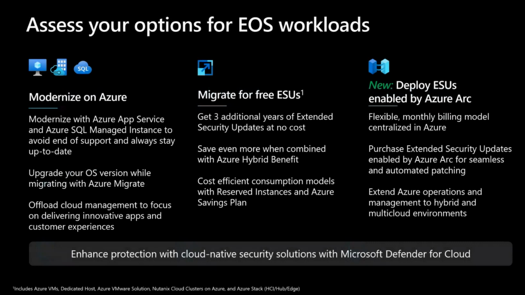So we focused on the options that you have to keep your environment secure in light of that end of support status. But the ideal option, in our opinion, is to modernize your applications by moving them to an Azure platform service and take advantage of eliminating the need for managing your own infrastructure, with services like Azure App Services or PaaS database solutions.